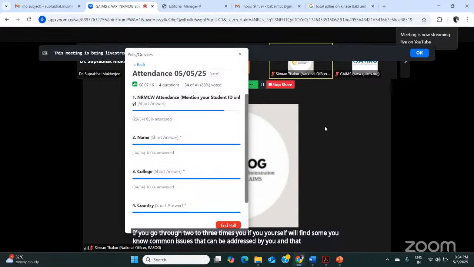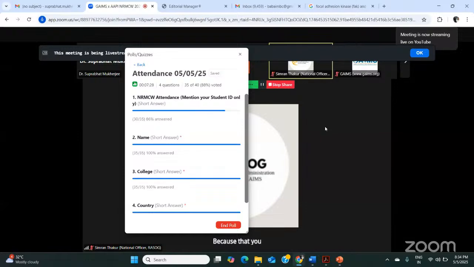And do not use AI. Repeatedly I am telling you, do not use AI software or AI tools, because that will affect your intellectuality, your originality, and your efficacy in presenting your view.